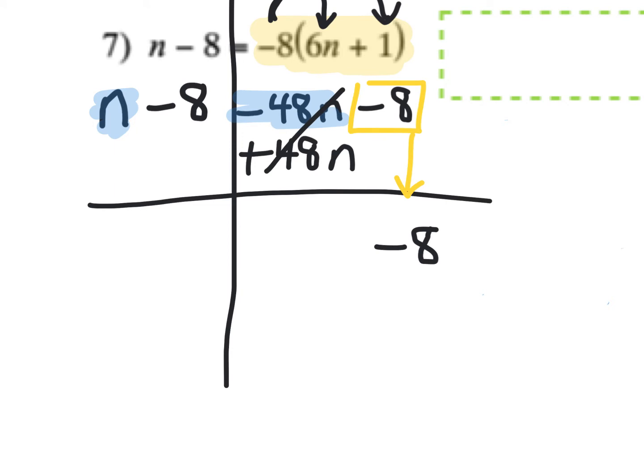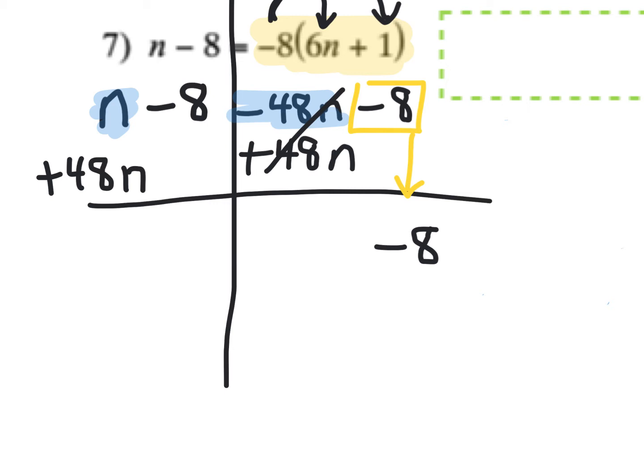Because I added 48n to the right, I also have to add 48n to the left. And so I'm going to add it to these n's because those are the ones that are like terms. I'm not going to add it here because 8 and 48n are not like terms.